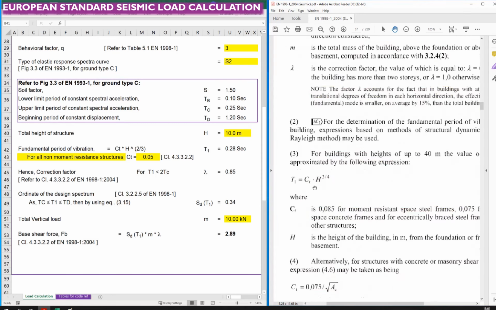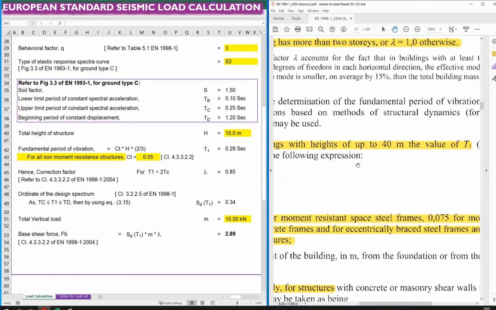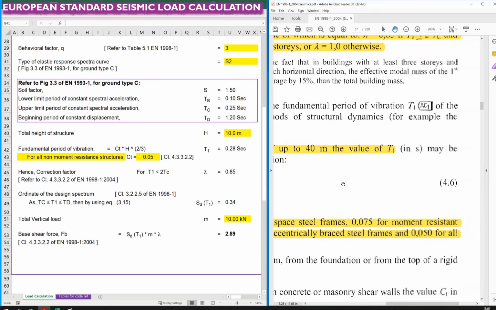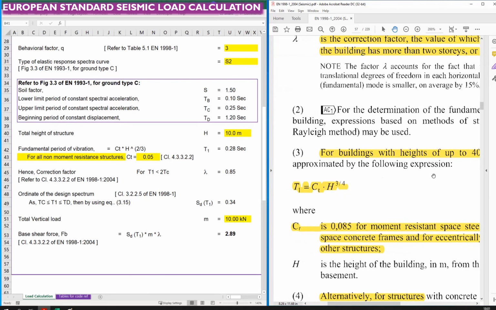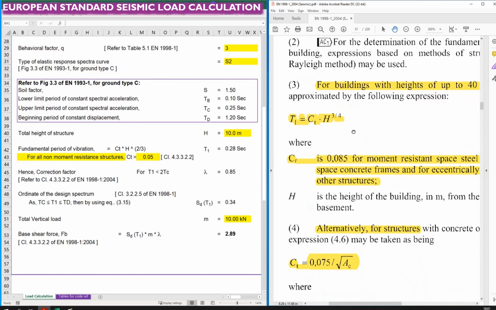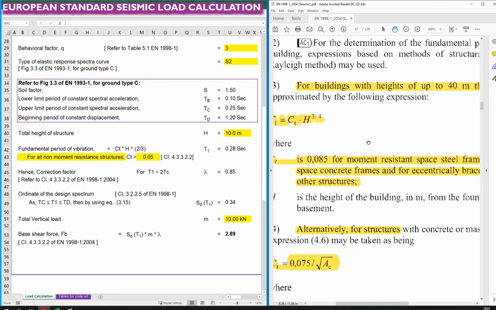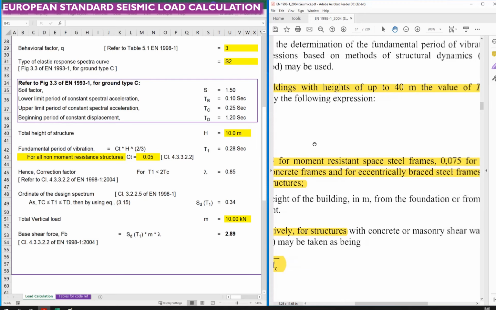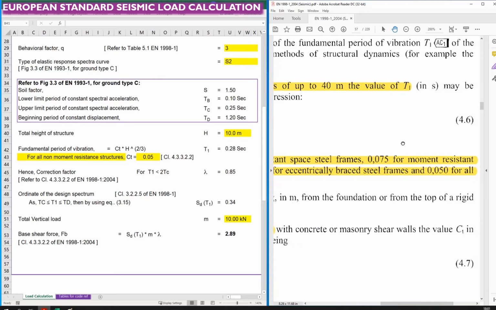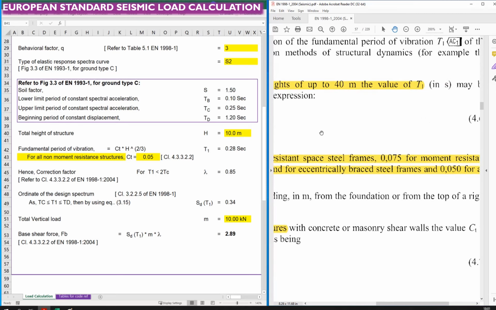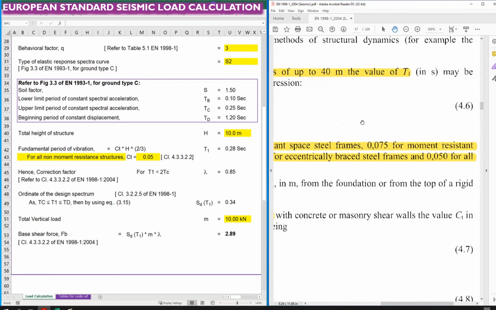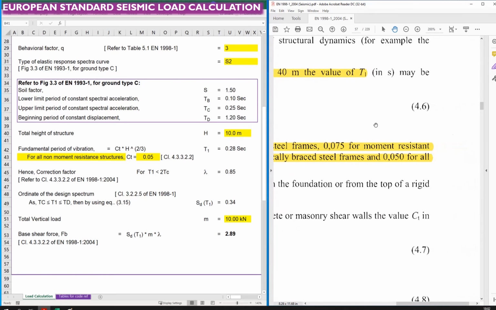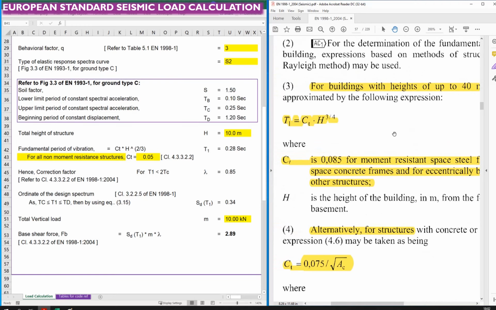So here, for buildings with heights up to 40 meters, the value of T1 in seconds may be approximated by the following expression: T1 equals Ct into h power 3 by 4. So here Ct value we can consider as 0.085 for moment resisting space steel frames and 0.075 for moment resisting space concrete frames, and for eccentrically braced steel frames 0.05 for all other structures.